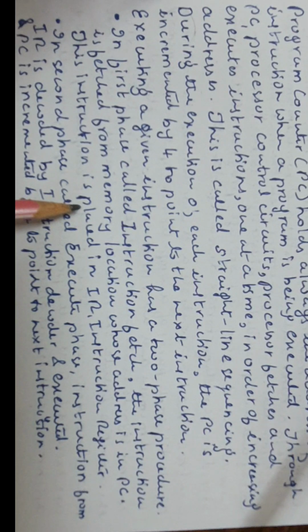Then PC is incremented by 4, and it will point to the third instruction. Then the second instruction is decoded and executed. After that, the third instruction, whose address is already in PC, will be fetched and executed. This way every instruction has a two-phase procedure in its execution, that is fetch and execute.